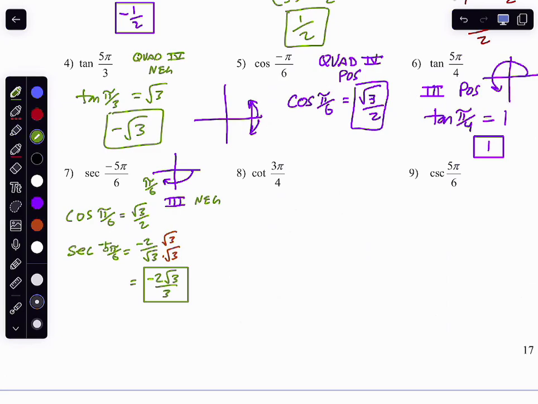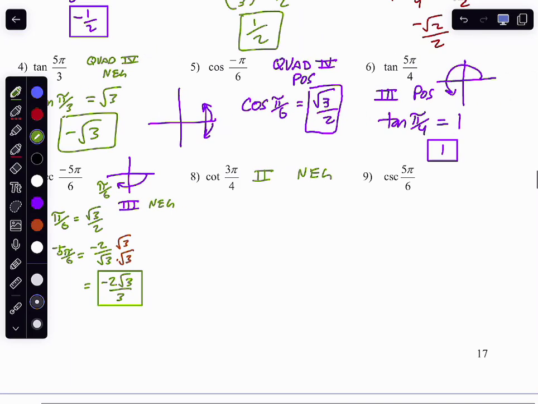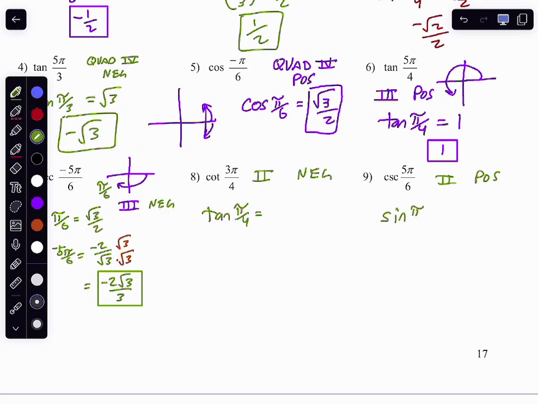So I'm not going to do the full problems. I'm just going to write the quadrants and the signs. Some people had the wrong sign on number 8 when I was looking around. So both of these involve doing a reciprocal.